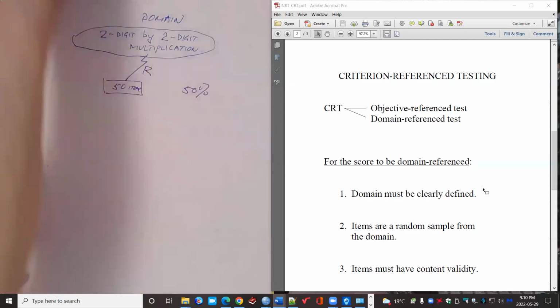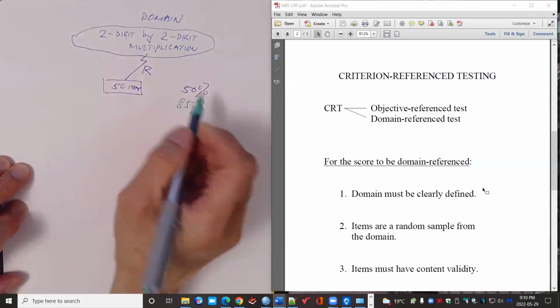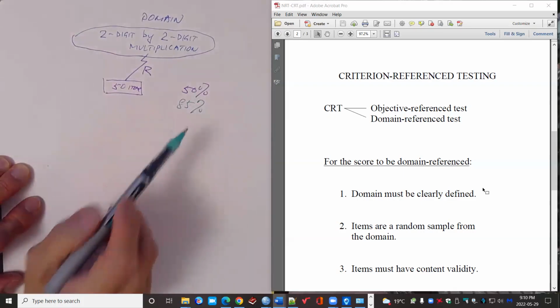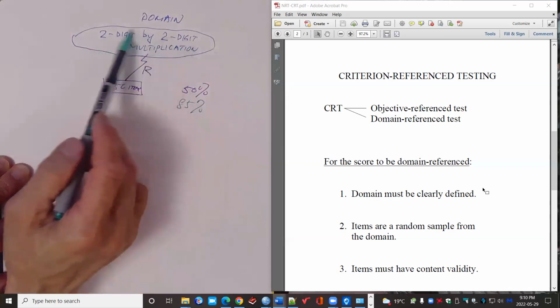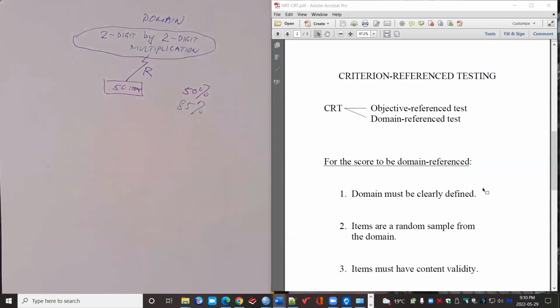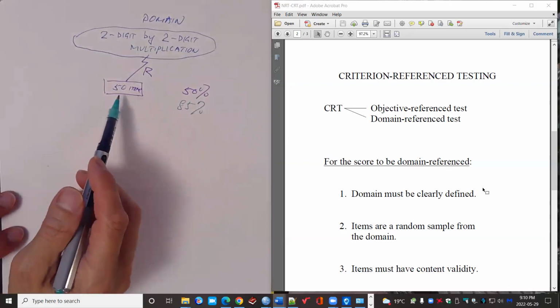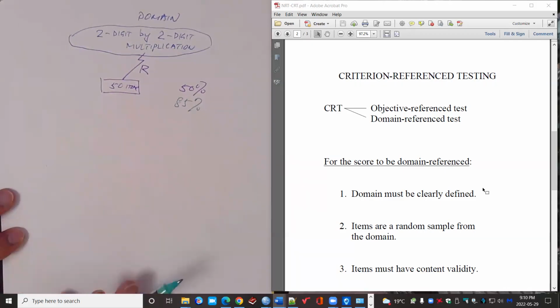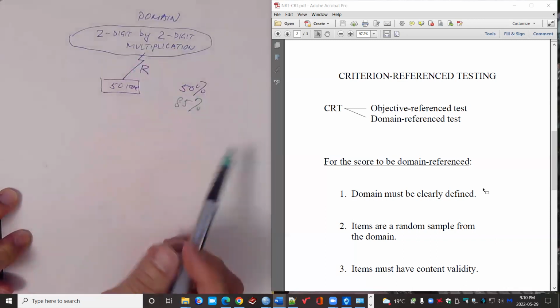If another subject's score is 85%, then that means this subject knows 85% of all test items here. So that is the meaning of criterion reference test. All right, you compare the performance with the criterion.